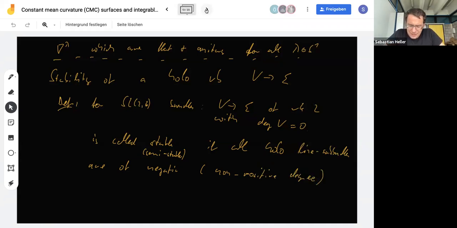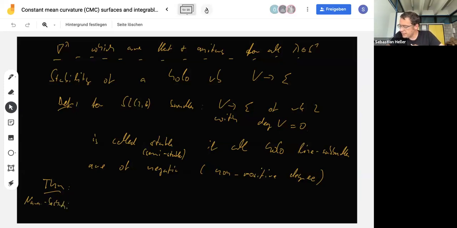So this is a notion which comes from algebraic geometry, but it turns out that it's very much related to unitary connections. Namely, there's this famous theorem of Narasimhan-Seshadri from the 1960s, I guess.